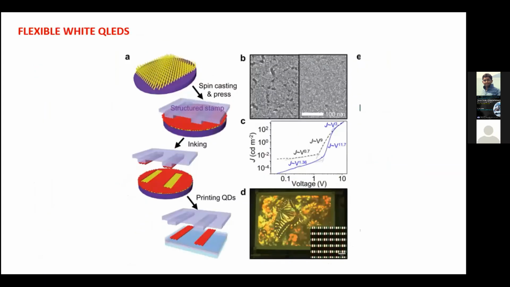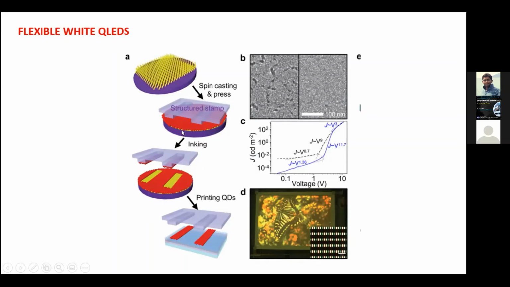And how do they make flexible white quantum dot displays? First, here you can see the spin coating and press technique. First we spin coat the quantum dots on the surface.